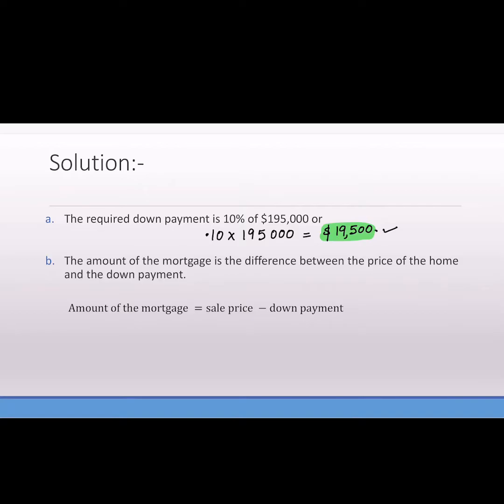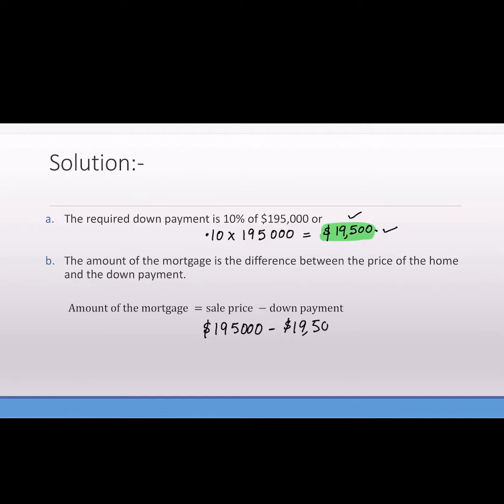And the amount of mortgage is the difference between the price of the home and the down payment. So the sale price of the house is 195,000, but you already came up with a down payment of 19,500. So you'll tell them, hey, this is the money I have.